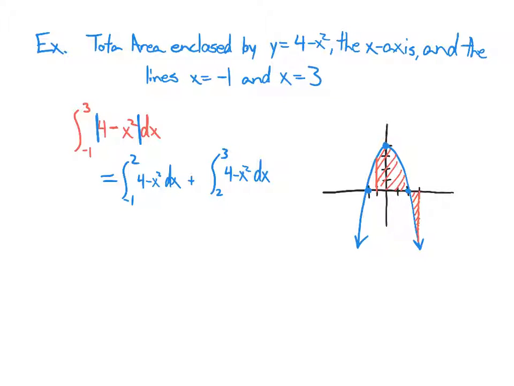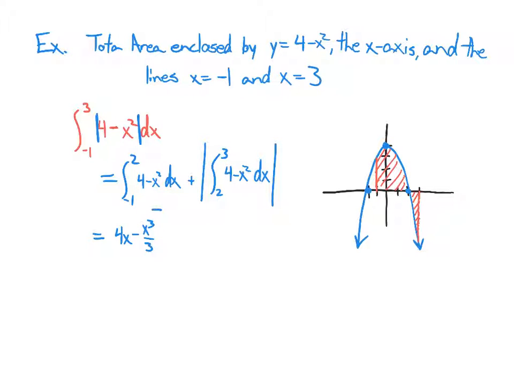So you could handle this any of a number of ways. Sometimes people put minus the integral, so they'll have minus a negative. Other people prefer to just put a big ol' absolute value around that part. Okay? So whatever they get, they just make it positive. Alright? So now, I know that the integral is 4x minus x cubed over 3.